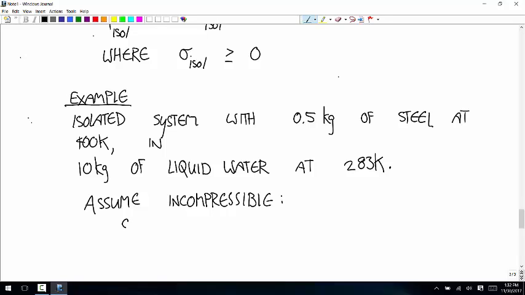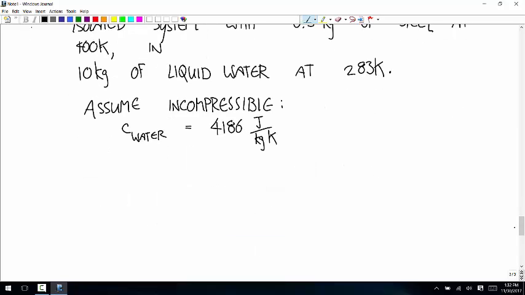And so the specific heat for water is 4186 joules per kilogram Kelvin, and the specific heat of steel is 460 joules per kilogram Kelvin.